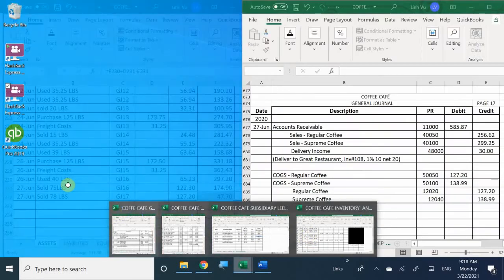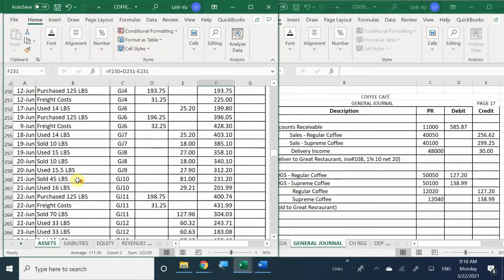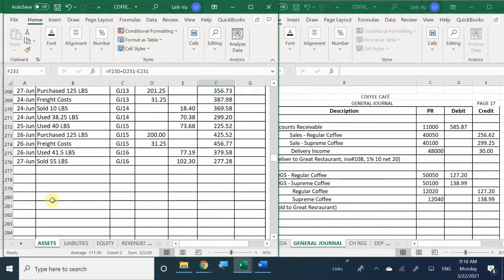Good. So now back to my ledger real quick. And we got to update our Supreme coffee, that we sold 75. General Journal 17 for the total amount of 138.99.